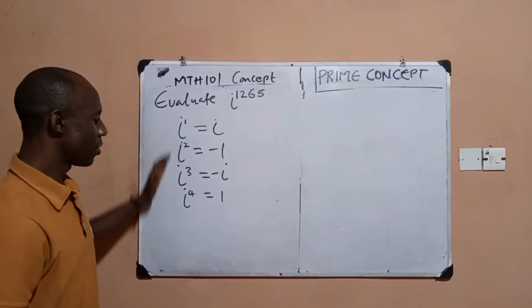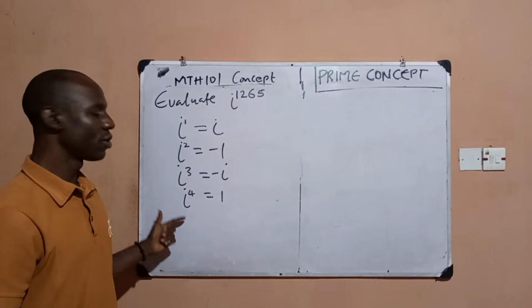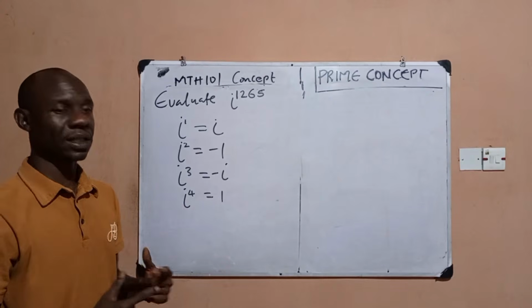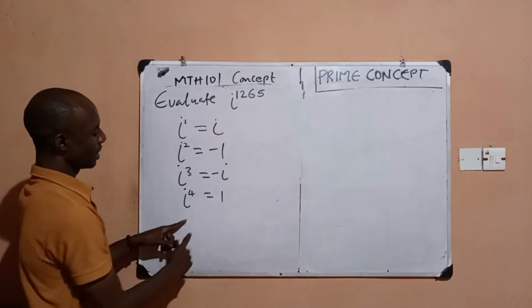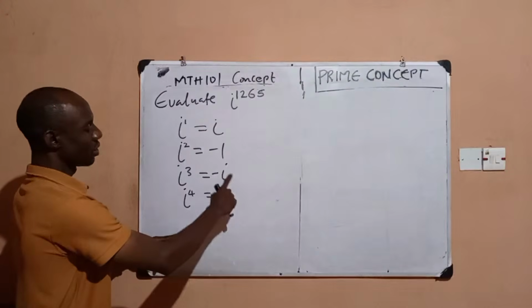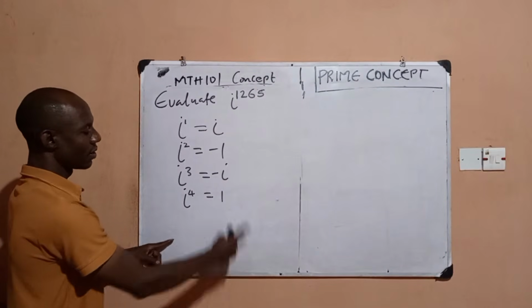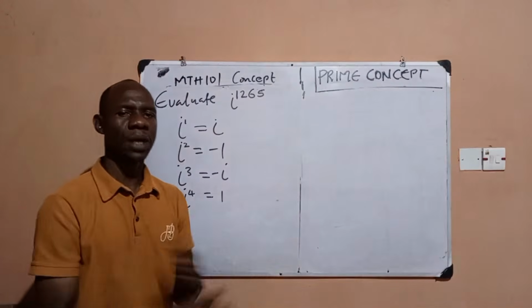Never forget these 4 things in your life. Why are we not going to continue? Because i to any power is periodic. If I say i raised to power 5, it's going to give me i. i raised to power 6 is going to give me minus 1. i raised to power 7 is going to give me minus i. i raised to power 8 is going to be 1. So just know the first 4. You can solve any problem in this life.